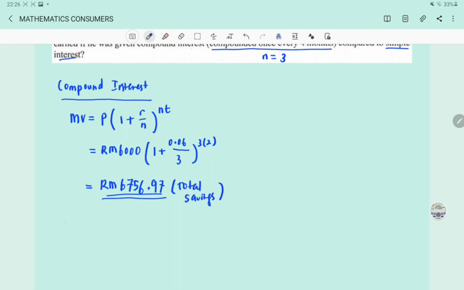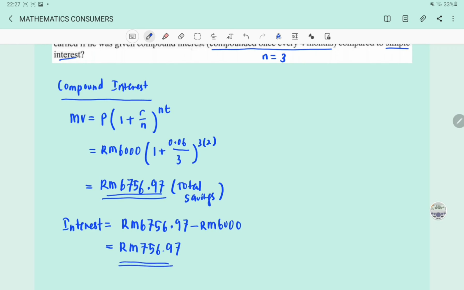To find the interest, it is equal to the total saving, RM 6,756.97, minus the initial amount of money, the principal. The principal is 6,000. So the interest is 756.97. This one is if we use compound interest.